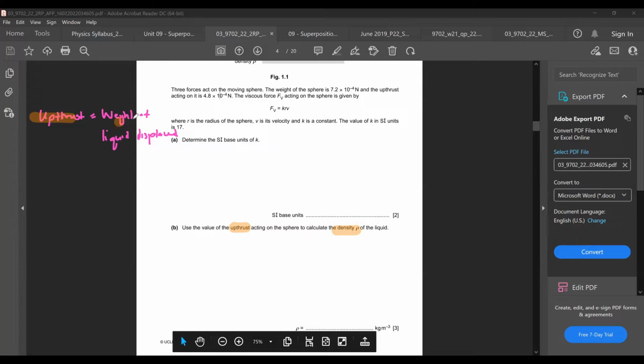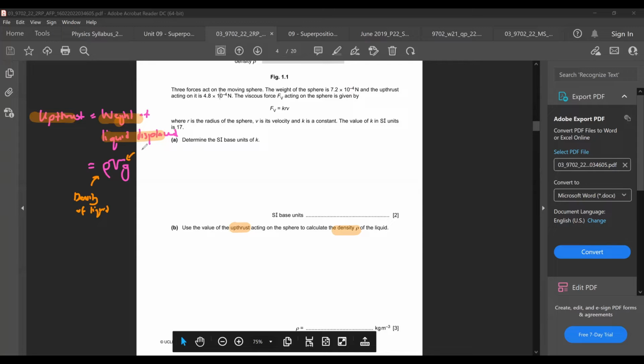It is the weight of liquid displaced, which in turn can be written as rho Vg. Okay, so this one is your weight of liquid displaced. So from here, they want you to calculate the density rho of the liquid. So bear in mind that this rho is the density of the liquid.